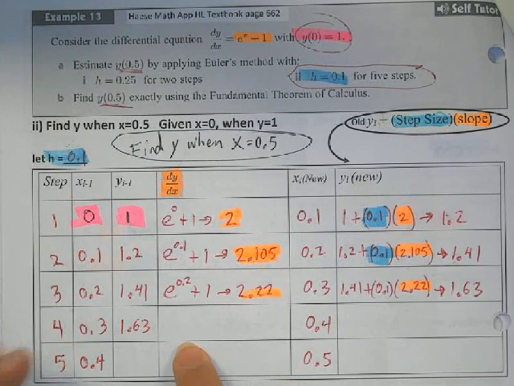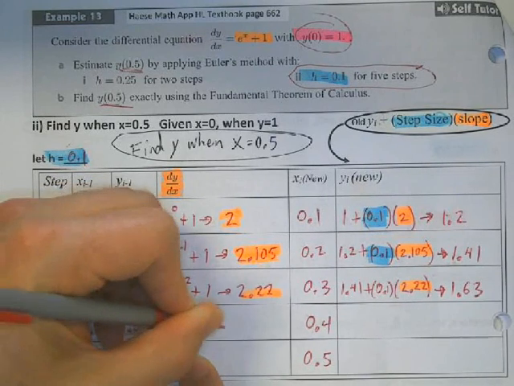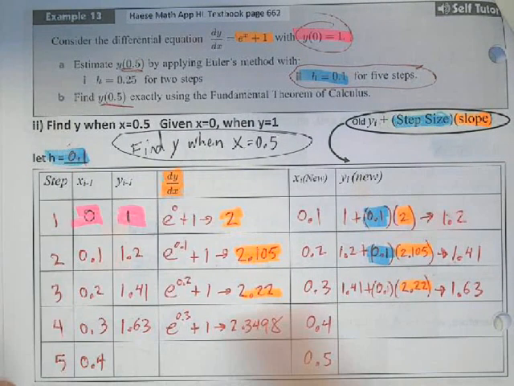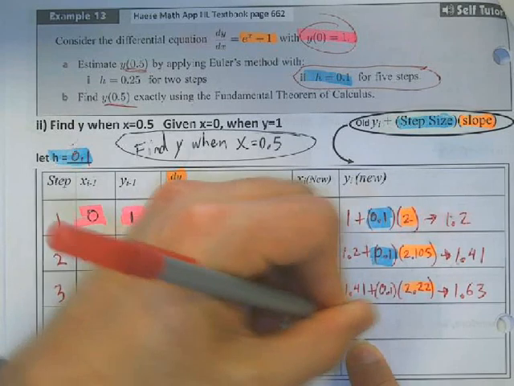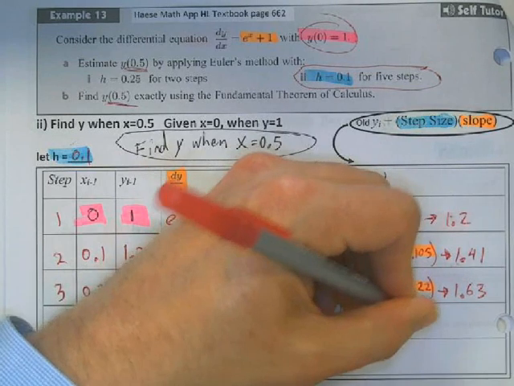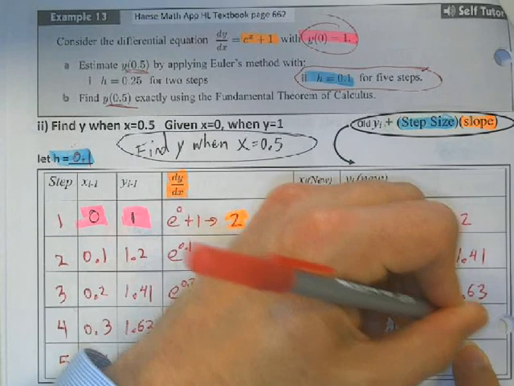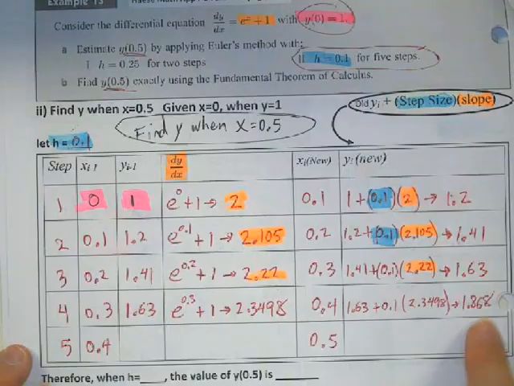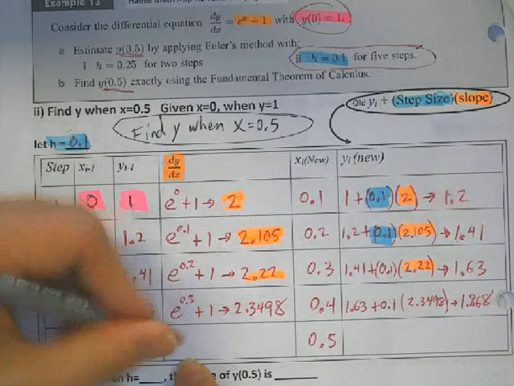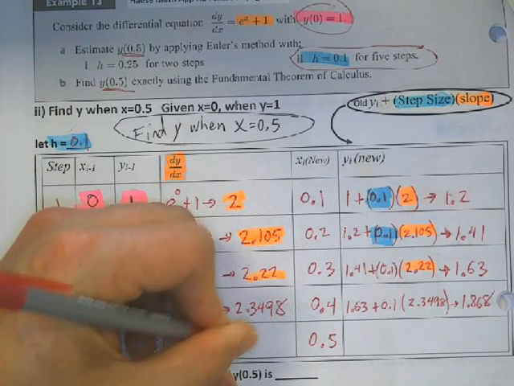I hope you guys are seeing the process. This goes here: 1.63 plus 0.1 times this new slope, 2.3498, and then I get 1.868. That's my new y.